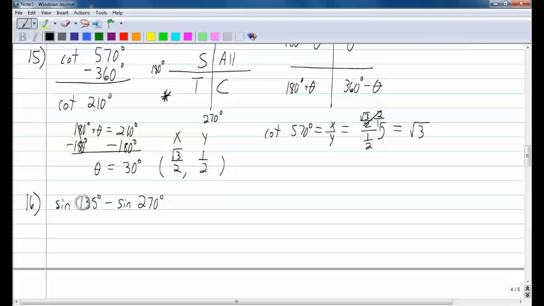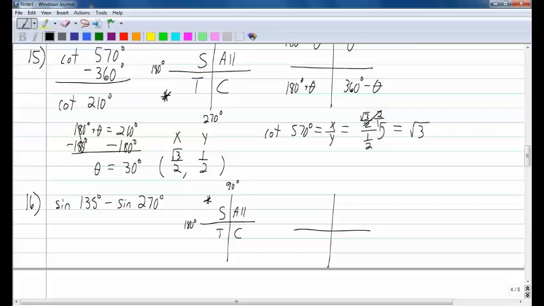Alright, so the sine of 135 degrees: the same way that I just found the cotangent of an angle measure of 570, I use the two charts first, the Salty Sea chart, to tell me the positive or negative sign. So where is it located? 135 degrees. This is 90 degrees. This is 180 degrees. So it is located in the second quadrant. So when I take the sine, that's going to be positive.